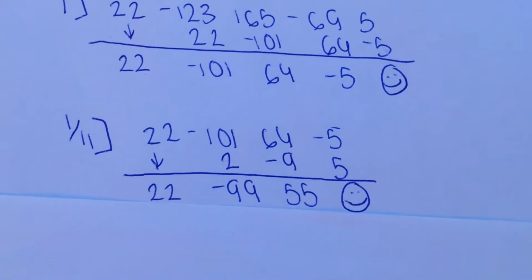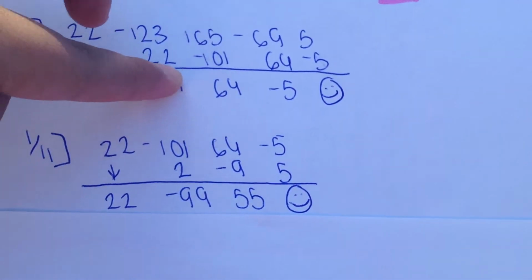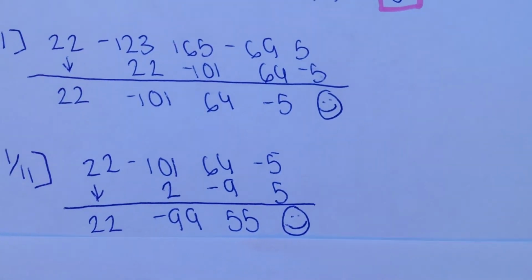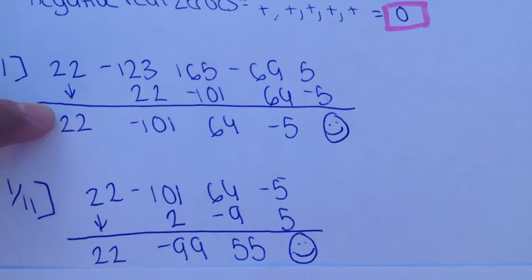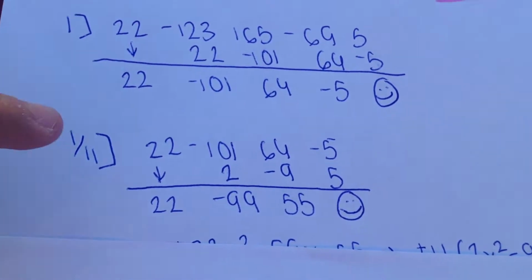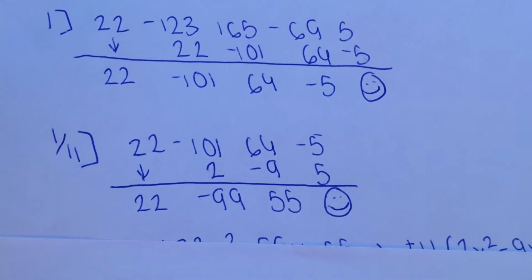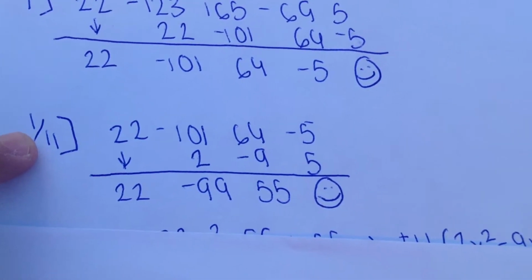Using these numbers, we continue to use synthetic division because right now we're at cubed and we want it to be at squared. The number I picked was 1 over 11. We bring down the 22 and we get 22 over 11 equals 2.